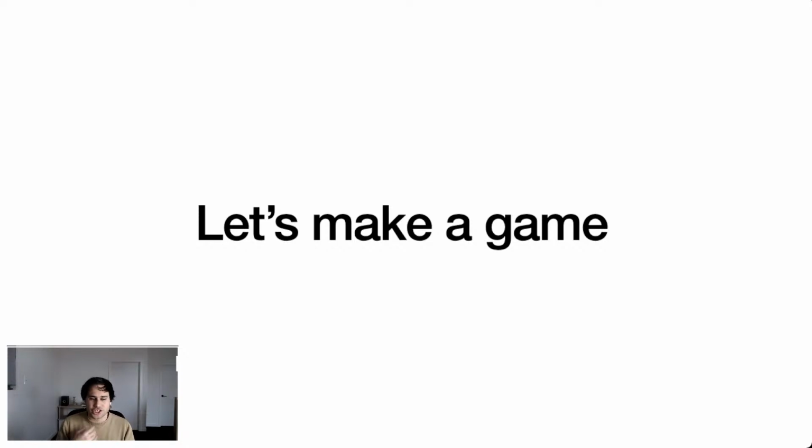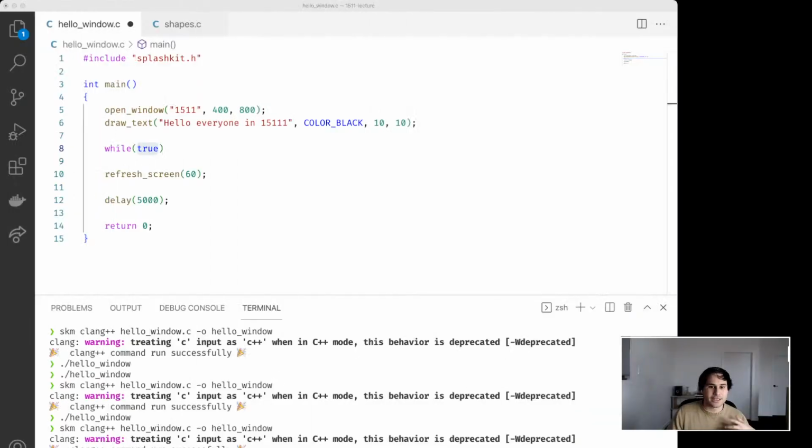But actually SplashKit has some functions that can help us determine when the user probably wants the window to close. The way we can do that is with a function called window close requested.